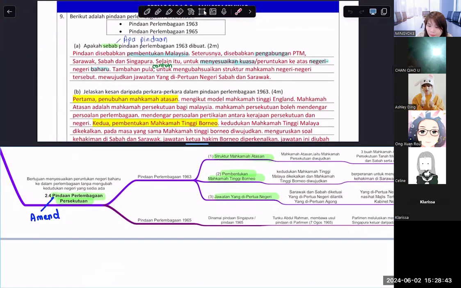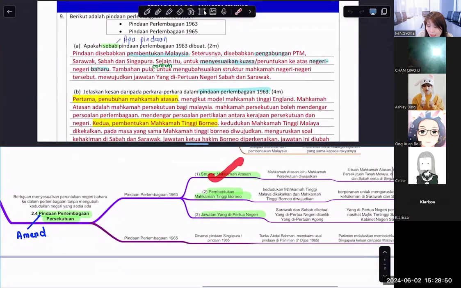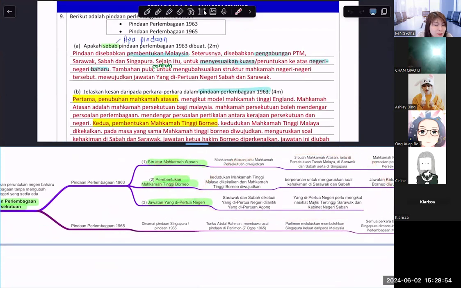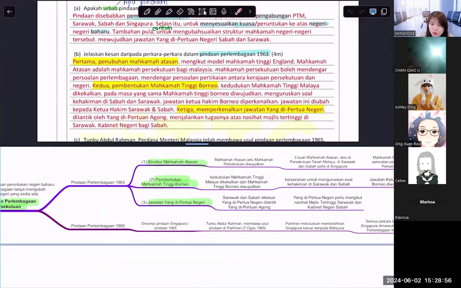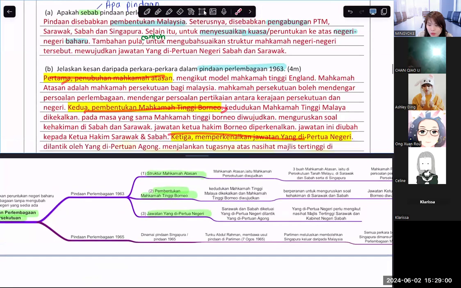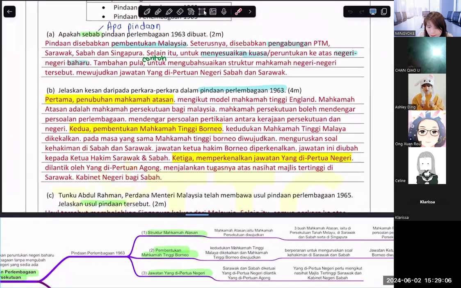And then they want to explain pindaan pelembagaan 1963. All these: Fakta 1, 1 mark. Fakta 2, 2 marks. Fakta 3, 3 marks. And then all these huraian, each one of it is 1 mark. So you complete it. I highlight for you as well. This is pertama, this is kedua, this is ketiga, exactly here.